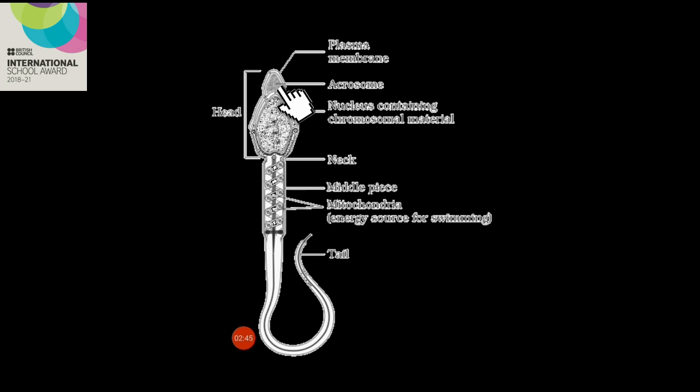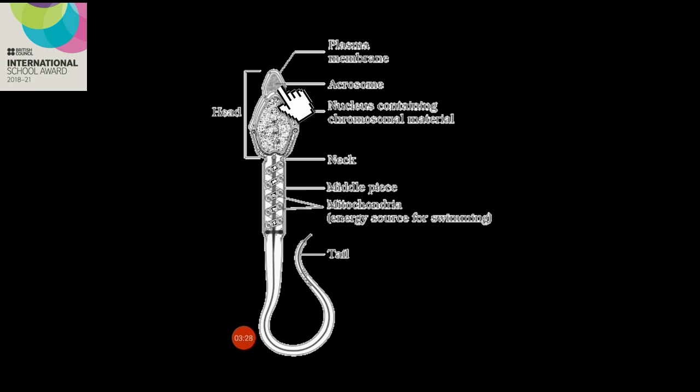In addition to this, the head region, that is acrosomal region, contains some other polysaccharides also. Some specific molecules that can be seen inside the acrosomal region will help the sperm to recognize the ova of the corresponding species.